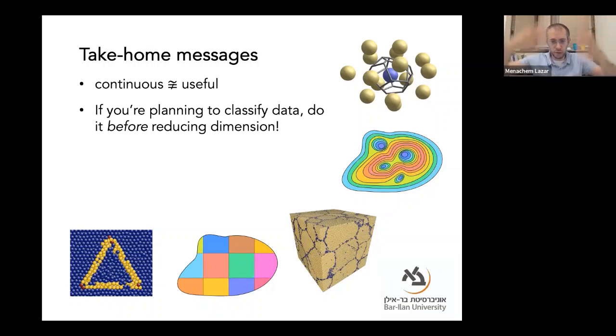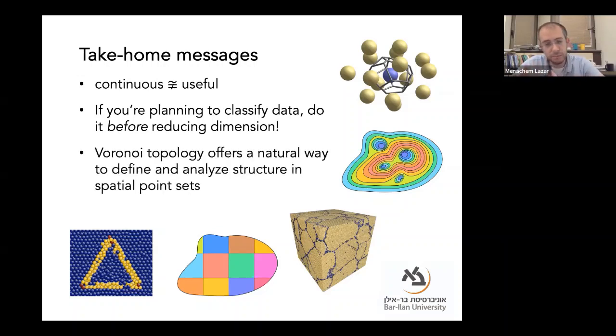I mean, if you reduce the dimension first using some continuous parameter and then start segmenting or classifying it, you could have problems. And then the last, and this is just something that I believe in, is that this Voronoi topology stuff offers a very natural way of defining and analyzing structure in these spatial point sets as they come up in countless physical problems.